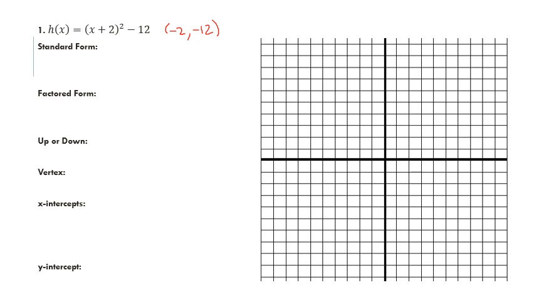So if we come over here to graph this, let's count by 2's along the y-axis: negative 2, and then 2, 4, 6, 8, 10, 12. So here's our vertex of the parabola, (-2, -12). Okay, so vertex form tells us the vertex.